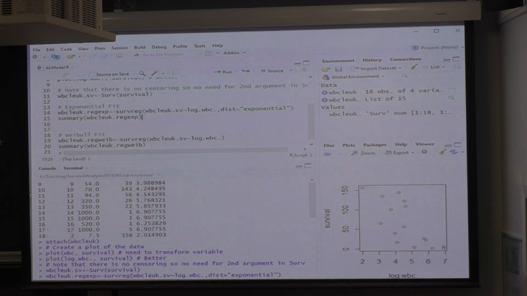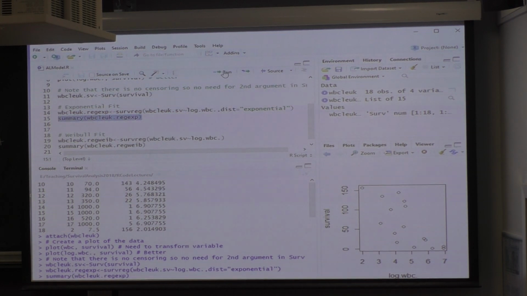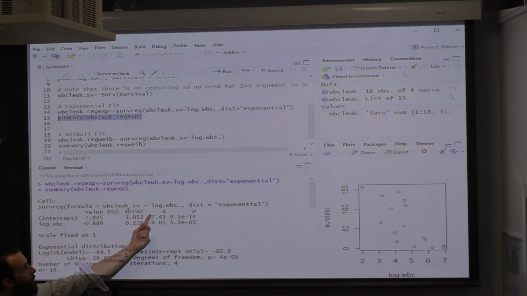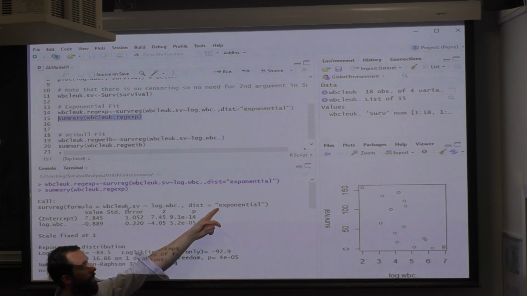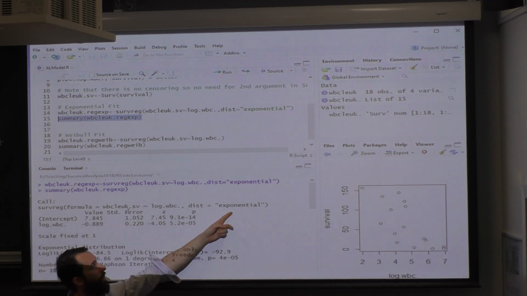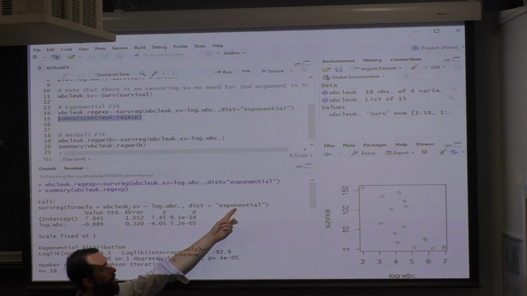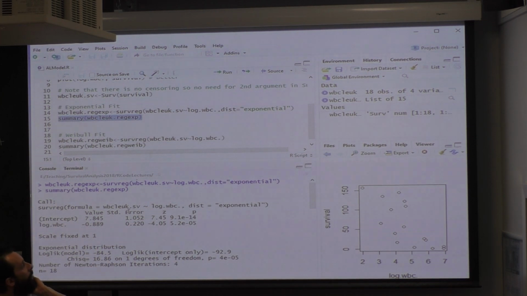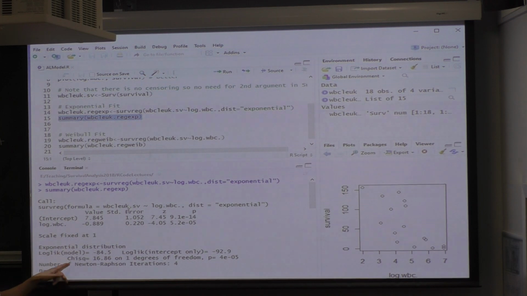We can look at what we get after we fit that particular model, and it gives us back a summary of what we tried to fit. It says we're fitting an accelerated failure time model where the baseline distribution is exponential. You think that the log white blood cell count might affect the survival time, and then it gives you estimates as to how well it fits.